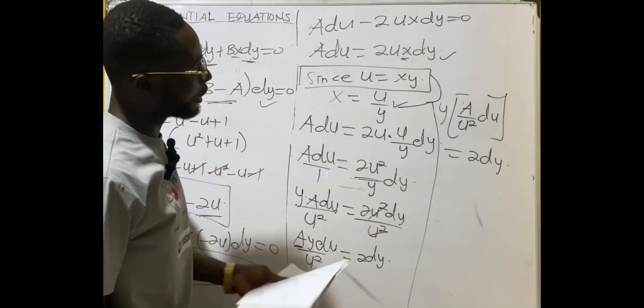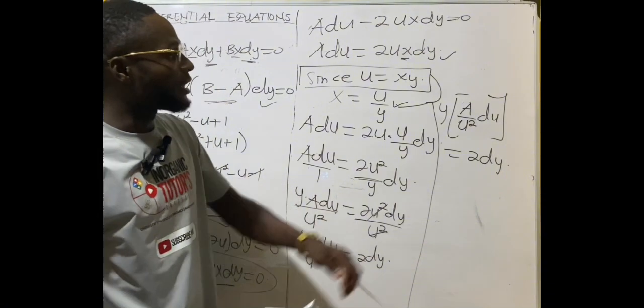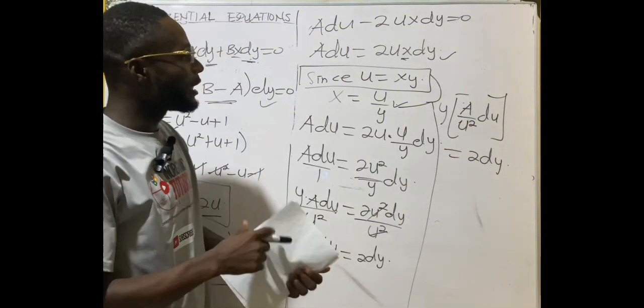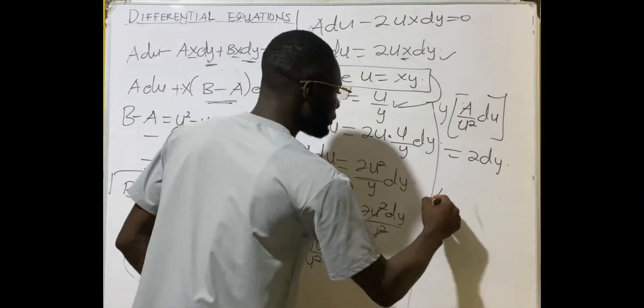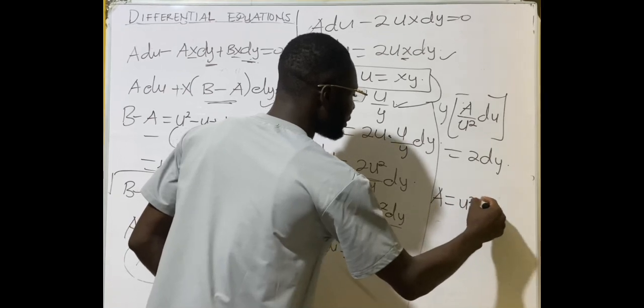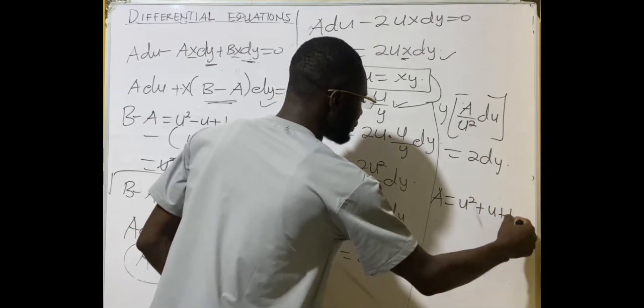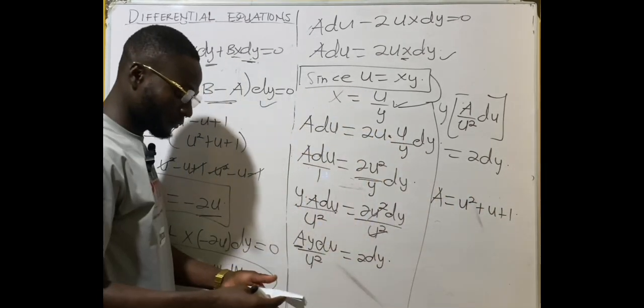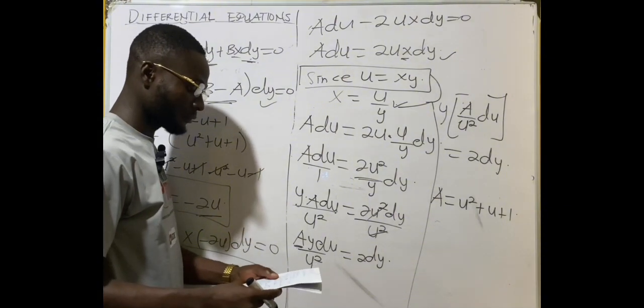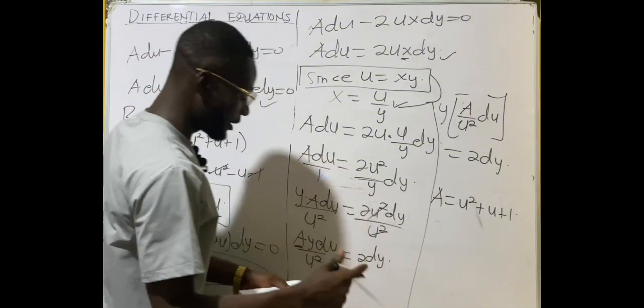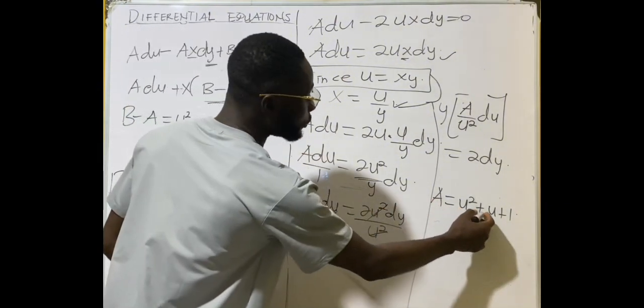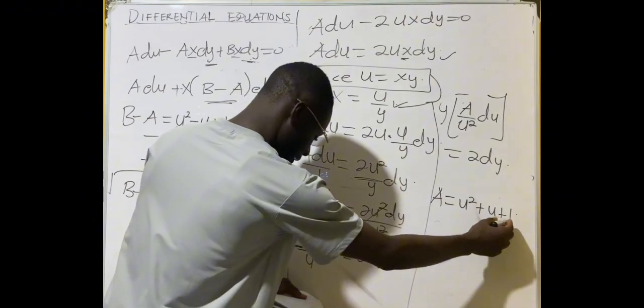Okay, but don't forget that we said a should be equal to u squared plus u plus 1, right?